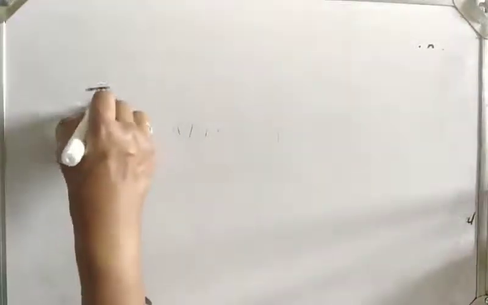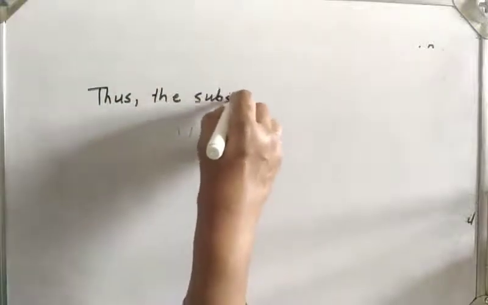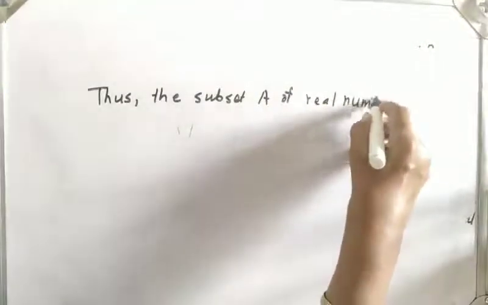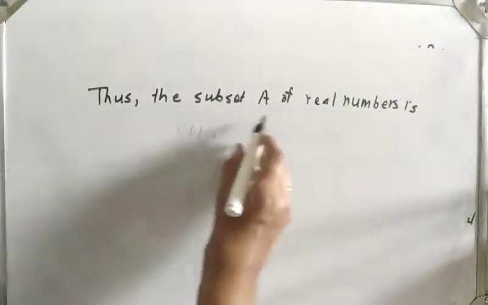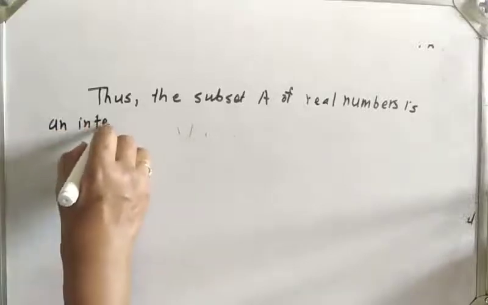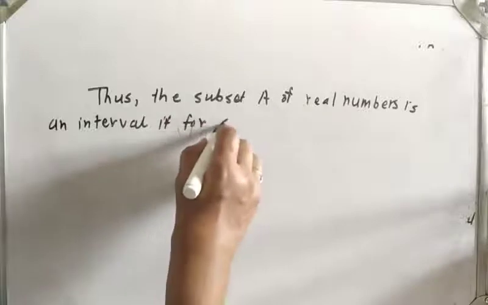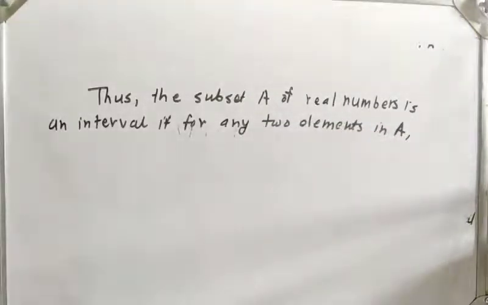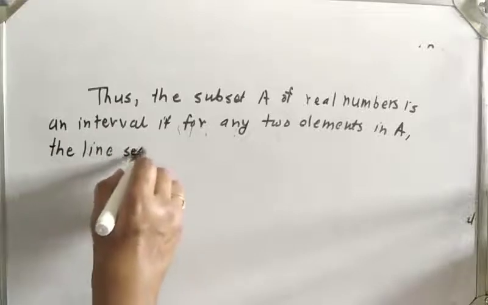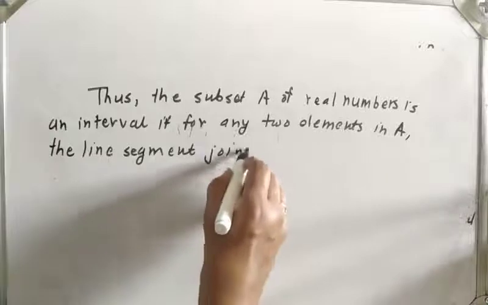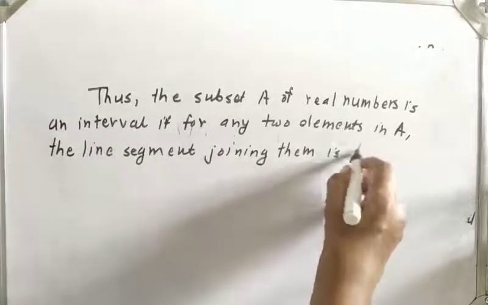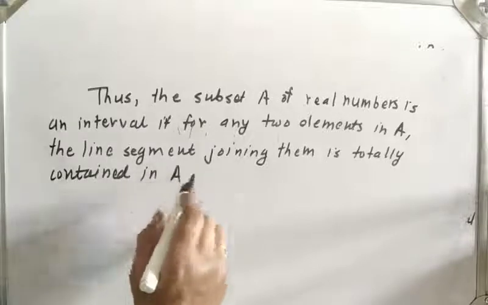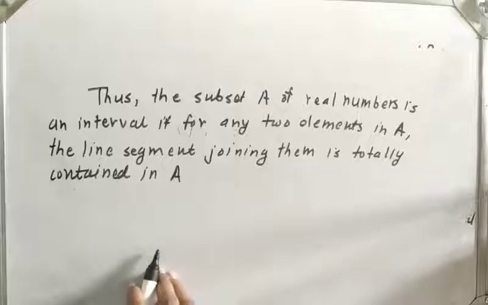So we can write, thus the subset A of real numbers is an interval if for any two elements in A, the line segment joining them is totally contained in A. Take any two elements, the line segment joining those two elements must also be in A.